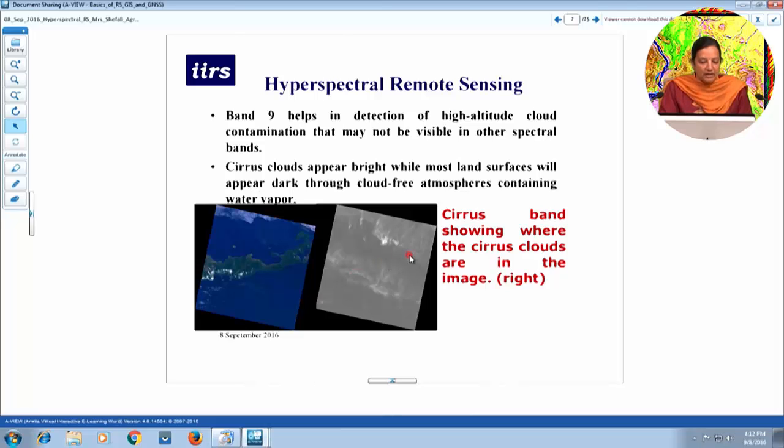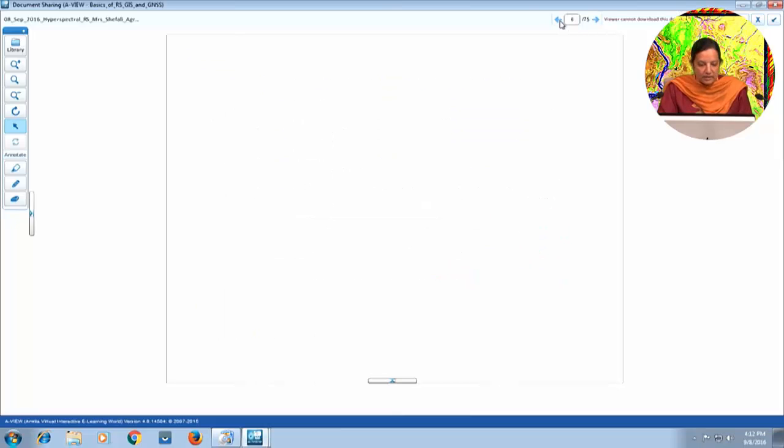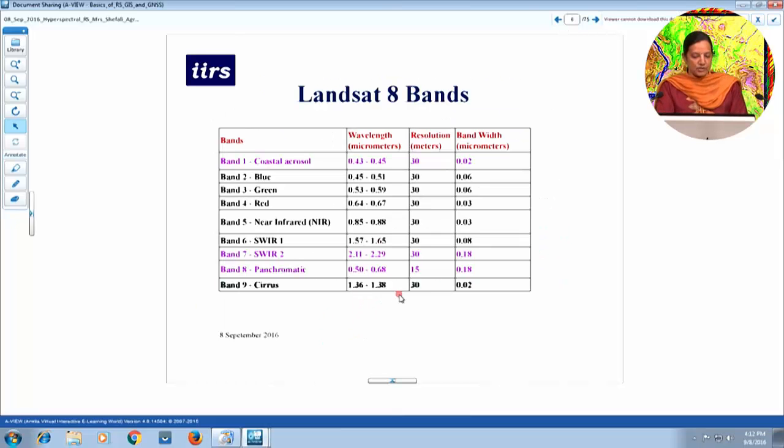The wavelength region which you see is 1.36 to 1.38. Now this small bandwidth around 1.38 is designed to detect high altitude clouds, as this small region, centering around 1.36 to 1.38, corresponds to a strong water absorption band.